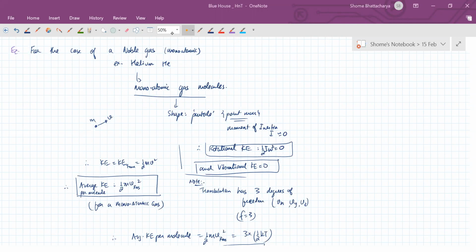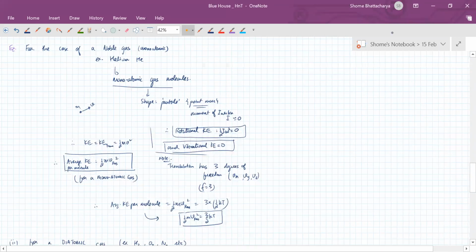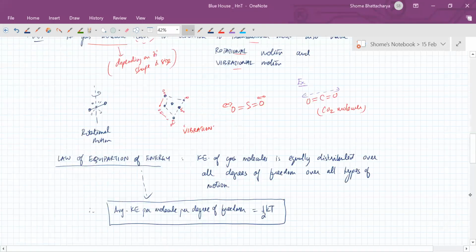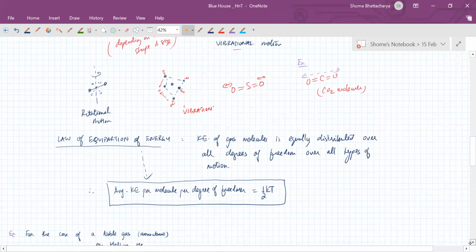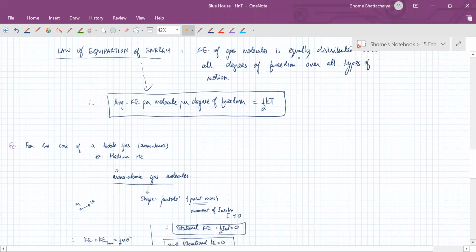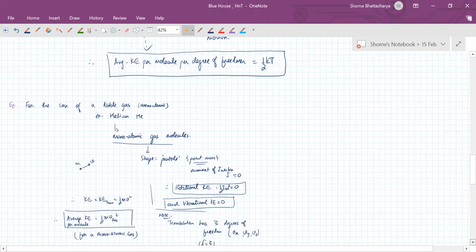Okay, so I hope all of you understood the case of the monoatomic gas molecule, why it has only 3 degrees of freedom. Now let's come to diatomic molecules. Before this we had seen that the average kinetic energy per molecule per degree of freedom is half kT as per the law of equipartition of energy.